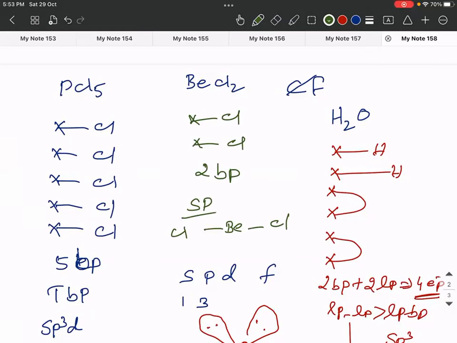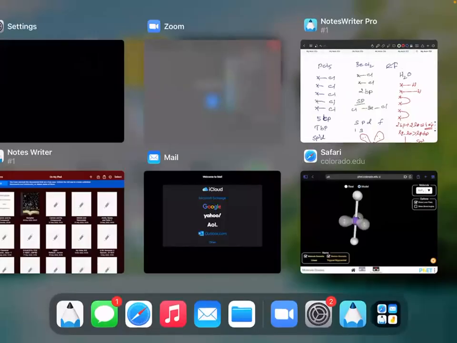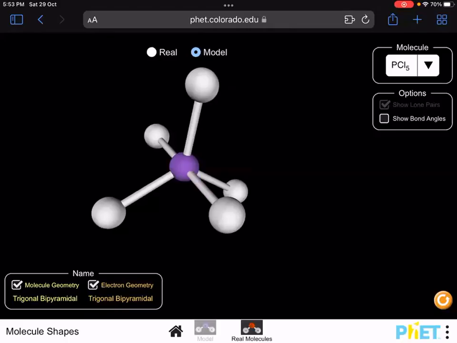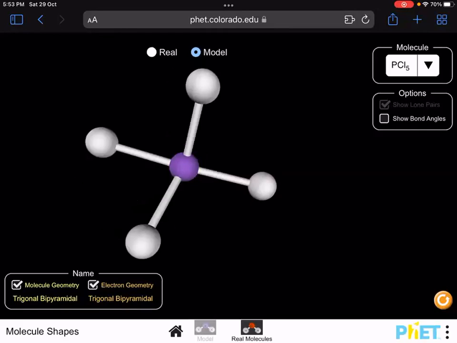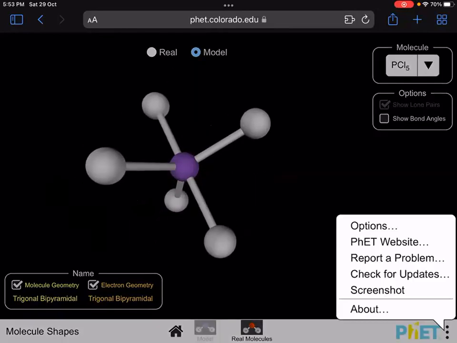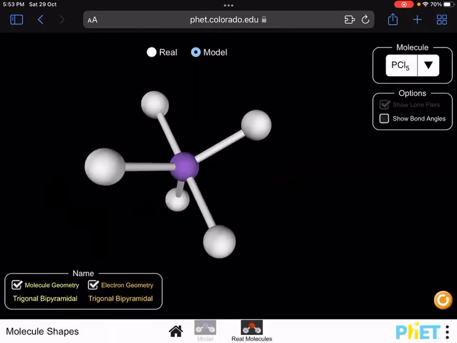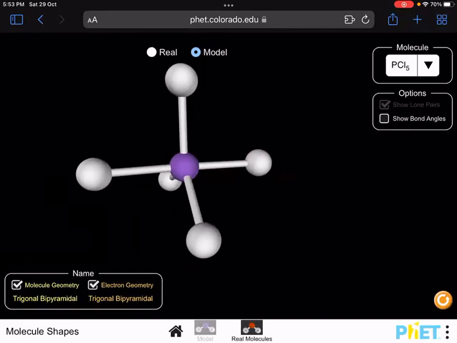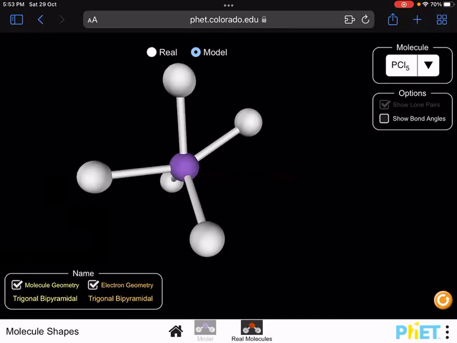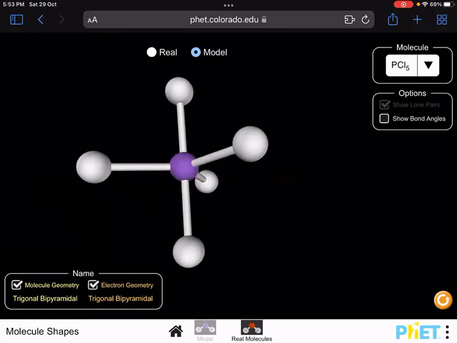Okay. Now we'll go to the simulation. First PCl5 is getting on. When it becomes like this, you can see that's why they are given. Axial will be in this position only. You can rotate it if you want.